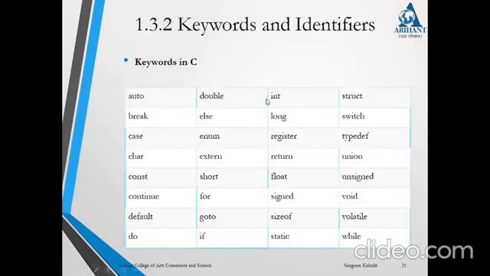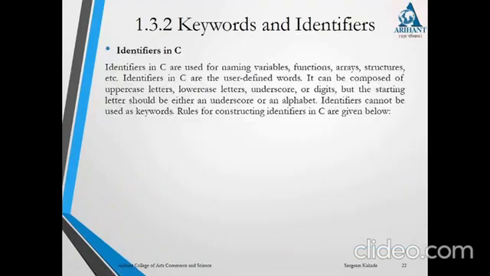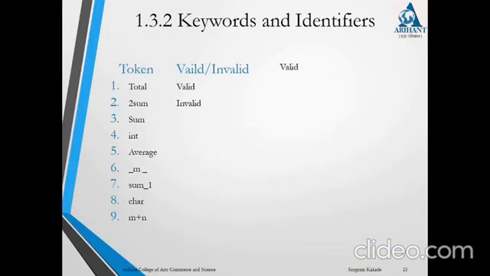I have seen int in this slide, and it clearly says a keyword cannot be used as an identifier because keywords have their own specific purpose. So int is invalid. Next, average is a simple character string, so it is valid again.